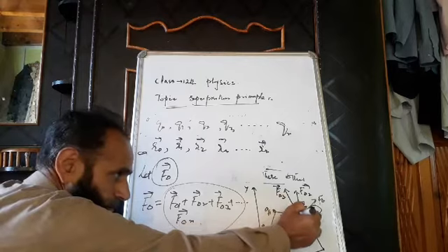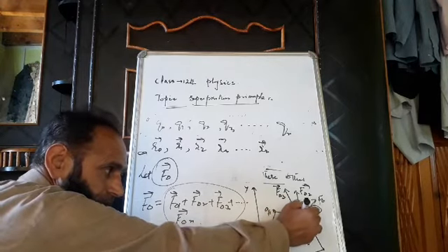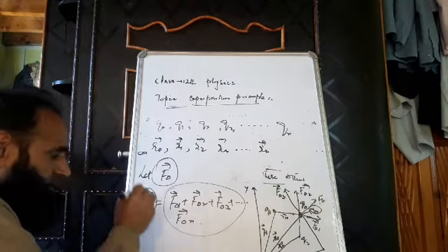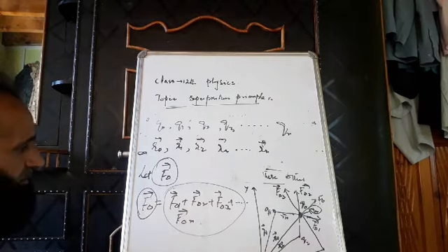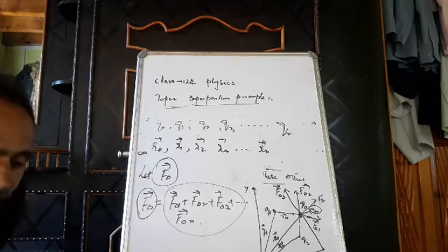The force on this charge, that is F0, is equal to the vector sum of forces by the other charges.